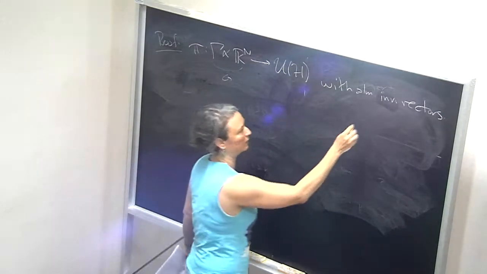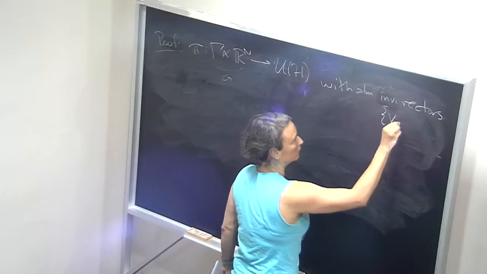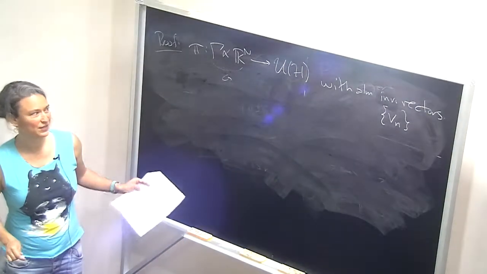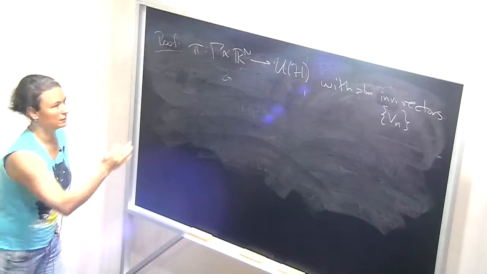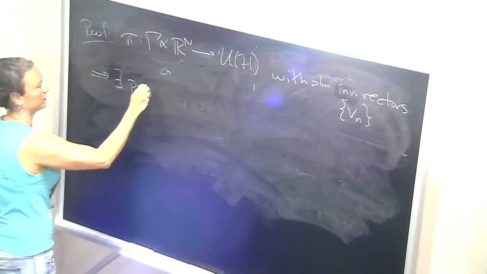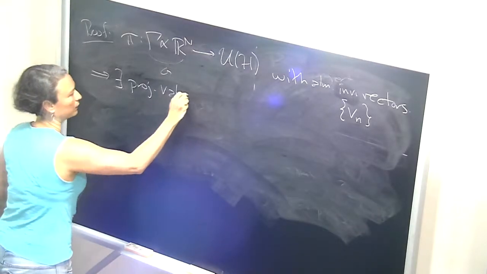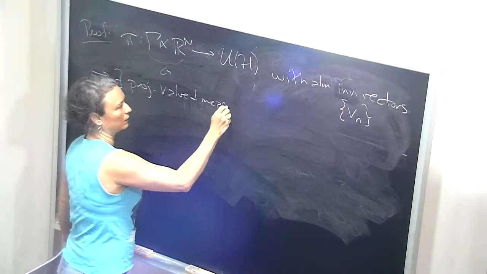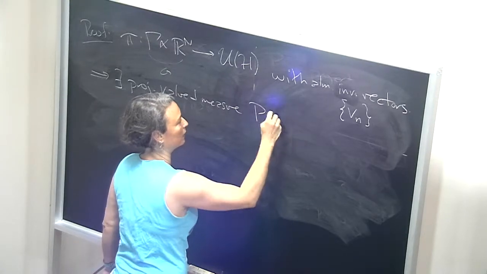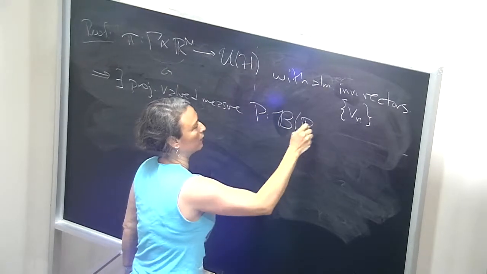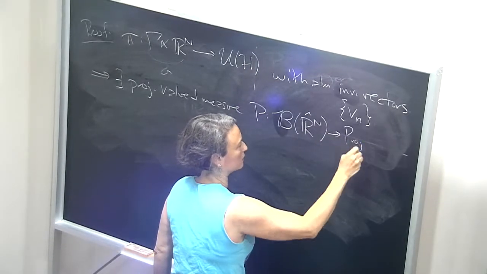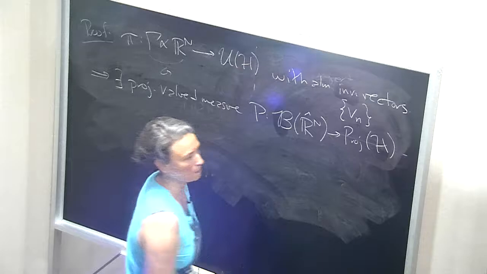Let's write them over here. Okay, so what can I do with a vector and my, well, then there is a projection valued measure from the Borel sigma algebra of R^n dual to projections of H. Okay?